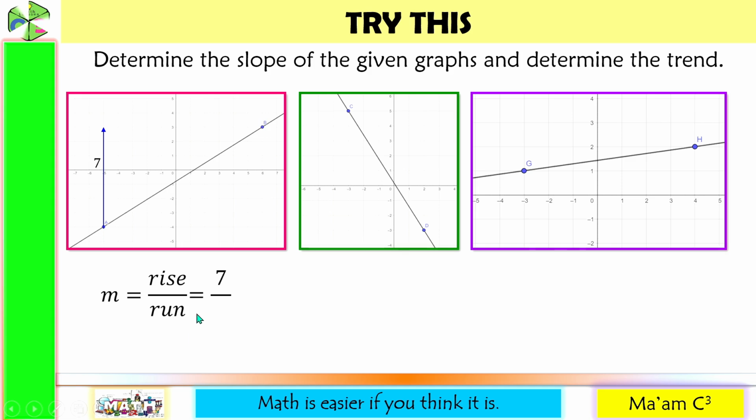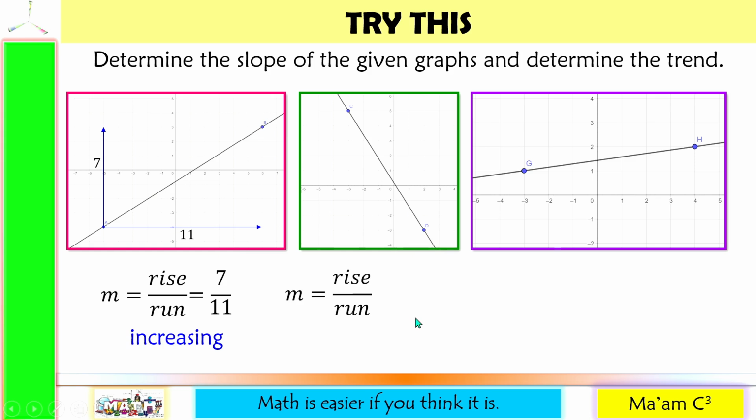Now for the run, you can start on this point or you may start here, then go to the right. That would be 1, 2, 3, 4, 5, 6, 7, 8, 9, 10, 11 units for the run. So our slope is 7 over 11. This is positive, so the trend of the line is increasing.